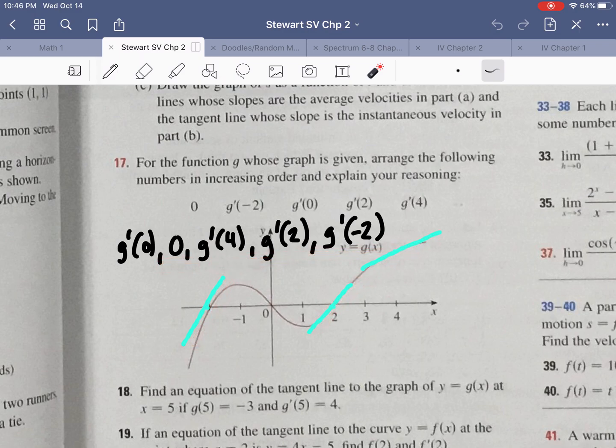And you're just going to rank these three in order for which one you think is the steepest, because steeper slope means higher number for the slope, which means higher number for the derivative, because the derivative tells you slopes of tangent lines, also known as the instantaneous rate of change. I hope I've made myself clear about the derivative of f of x.